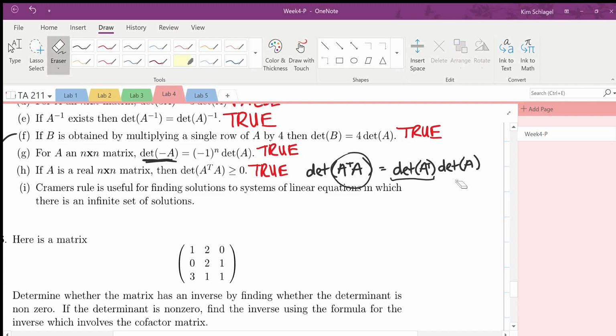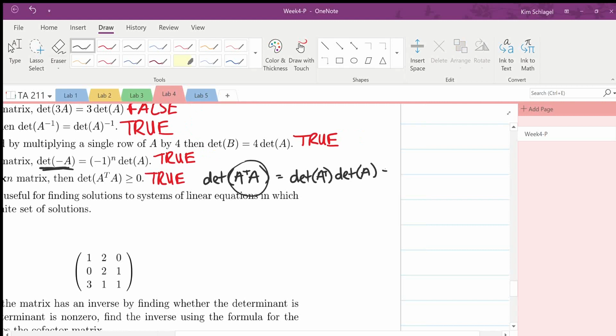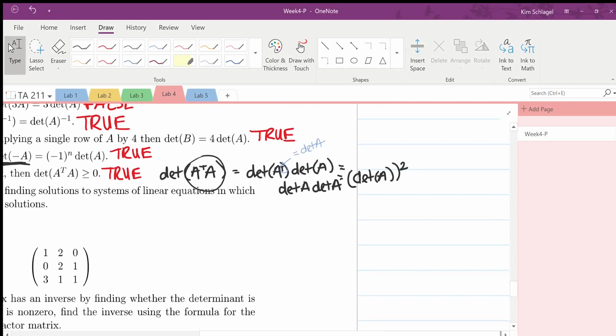Another rule we know is that the determinant of A transpose is equal to the determinant of A. So we can rewrite this as determinant of A times determinant of A, which is determinant of A squared.